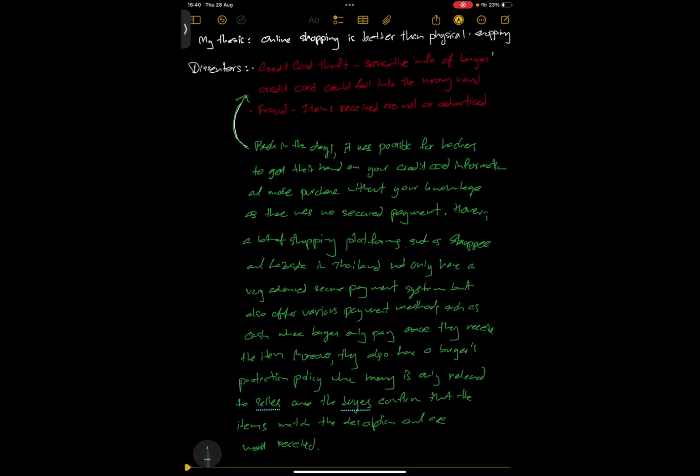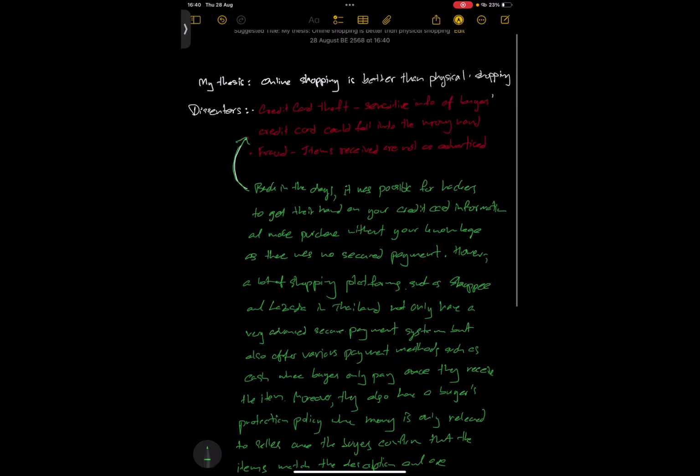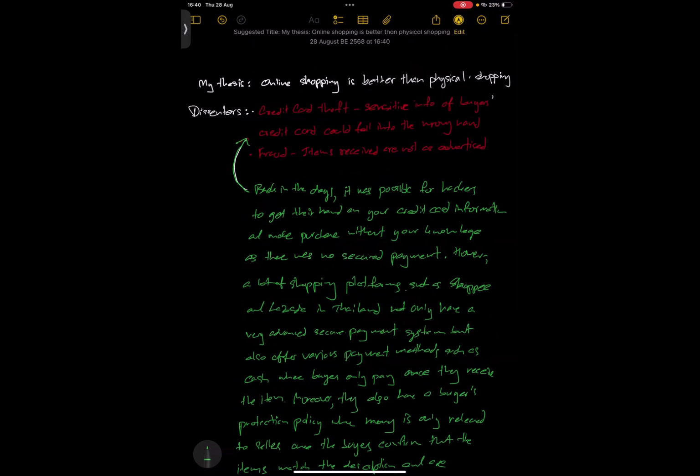You may have your opinion, right? Like in this case here, I want to believe that online shopping is better. But I'm not going to talk about all the upsides of buying things online. Like, if you buy things online, you can save a lot of money on transportation.